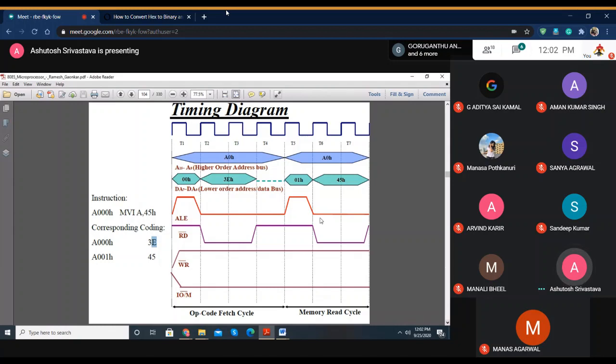Then the memory read cycle will extend from T5 to T7. So 3 T states. The correct word is 3 T states.